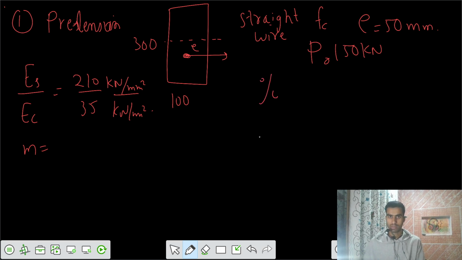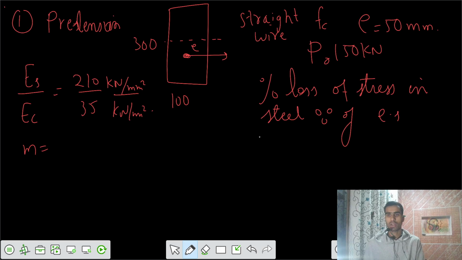We have to calculate the percentage loss of stress in steel because of elastic shortening of concrete. The area of the steel wires is 188 millimeter square, and you have to calculate the stress loss in steel wire because of the shortening of concrete.